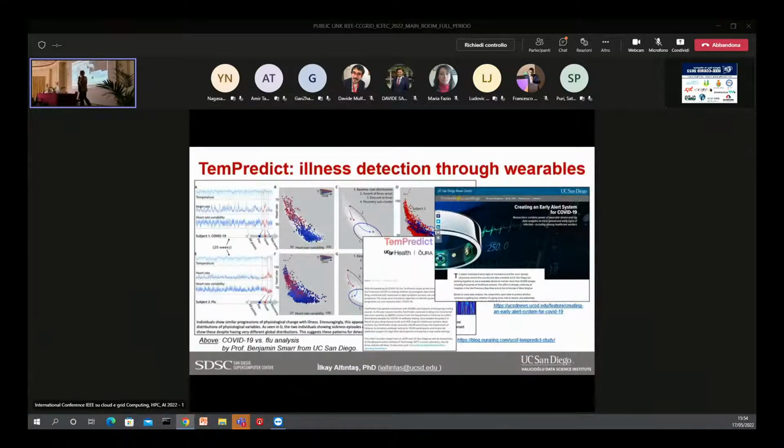The one that I was involved in a study is at the personal scale. These rings, Oura rings, you might have heard of them. They're medical grade sensors, and they collect physiology data, including your sleep, heart rate variability, temperature, and things like that. Through UCSF and UCSD, Benjamin Smarr is the UCSD professor who led this team of researchers.